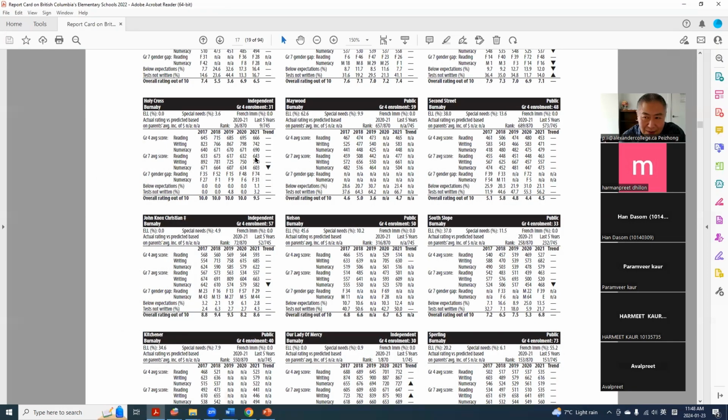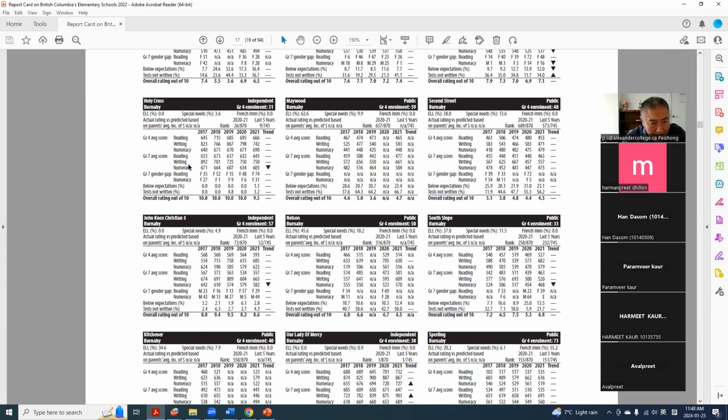Equal interval. So we can assume the interval is equal. If your score is 643 and my score is 644, I'm 1 point higher than you. If somebody is 645, he or she will be 2 points higher than you. So the increment intervals are equal. And these are the key numbers.